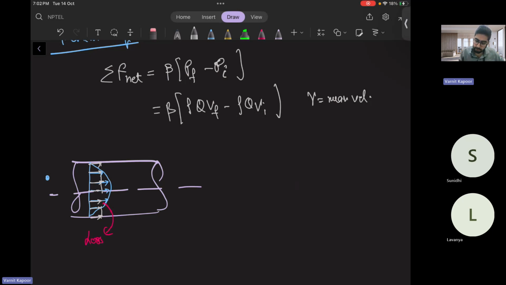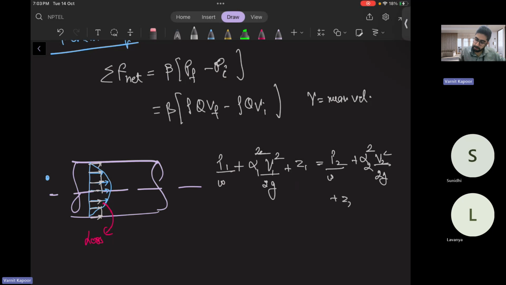Therefore, your equation will be P1 by W plus alpha 1 V1 square by 2G plus Z1 is equal to P2 by W plus alpha 2 V2 square by 2G plus Z2 plus losses.